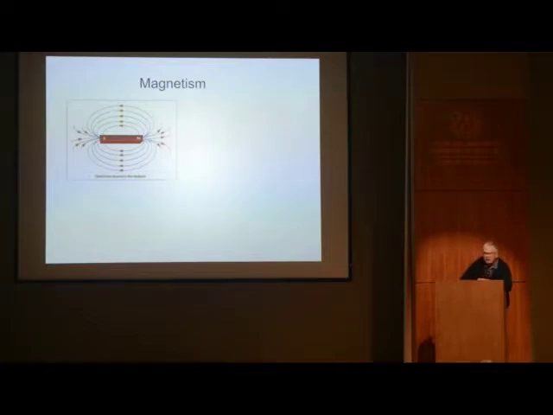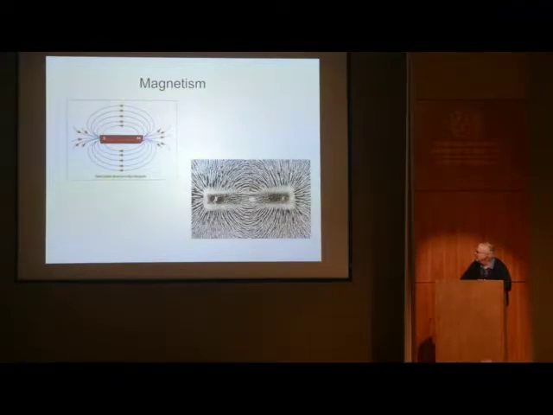Well, we need to talk a little bit about magnetism. As you know, magnets have polarity, north and south polarity, and they have force fields associated with them. These force fields can be determined.